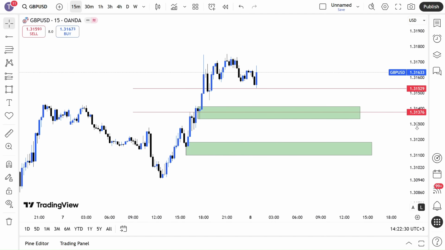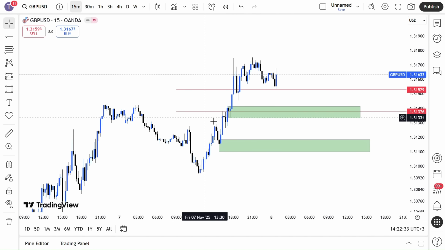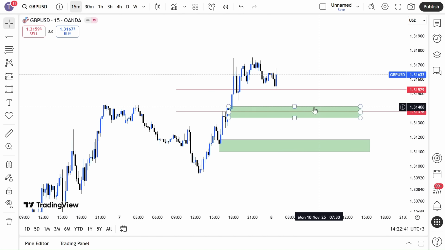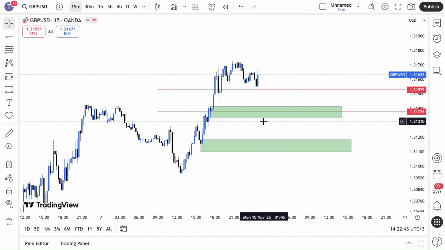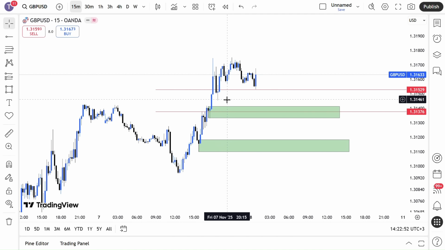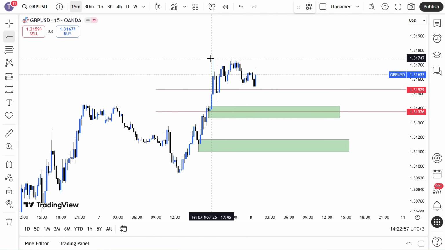But I'll try and wait for price to, let's say for example, if the market opens and we see a move to the upside and then we have the pullback, that is when I'll consider this order block even more. This order block looks very strong because there is liquidity just above it, and you can see that price cleared this highs liquidity.